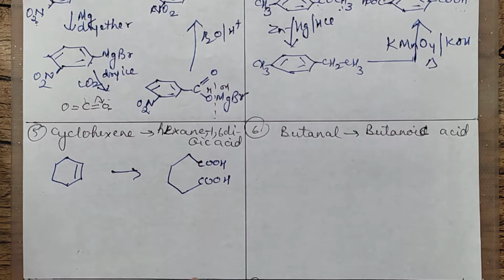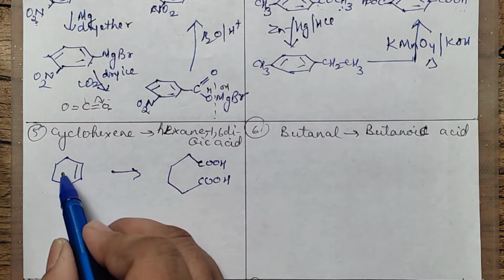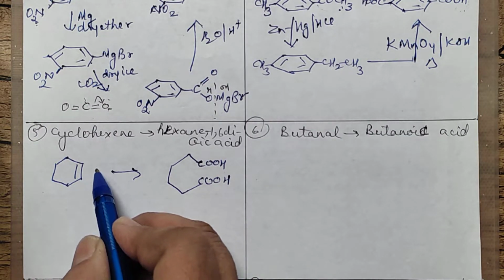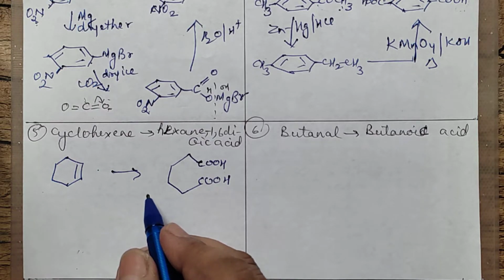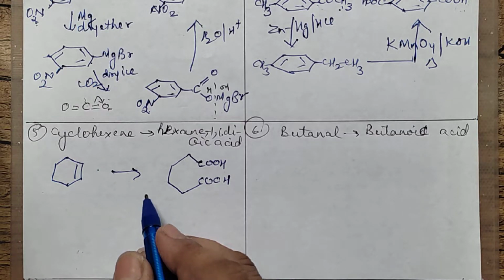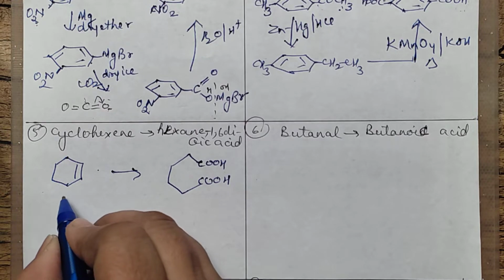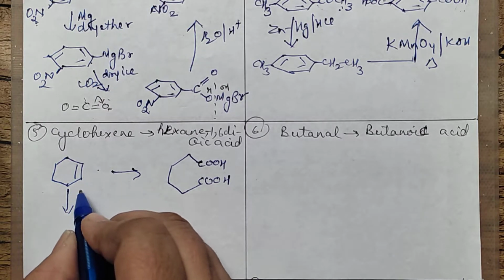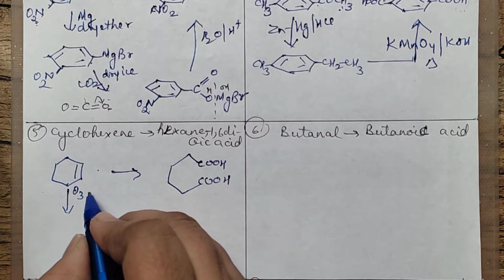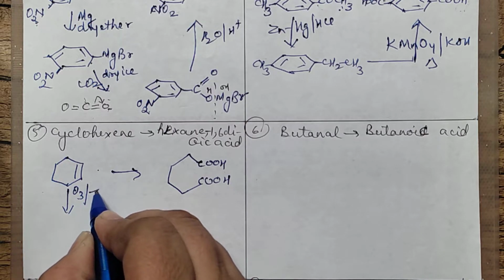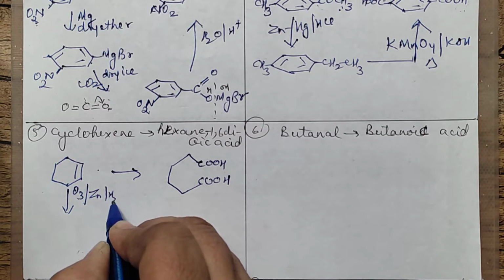This is what we are doing it. Okay, so what we can do is we can directly heat this in the presence of KMnO4 sulfuric acid, or what you can do is you can first carry out ozonolysis. React with ozone in the presence of zinc and water.